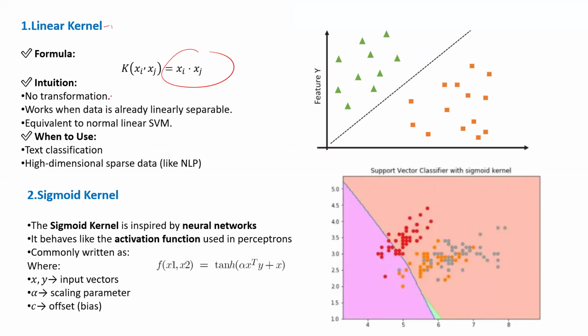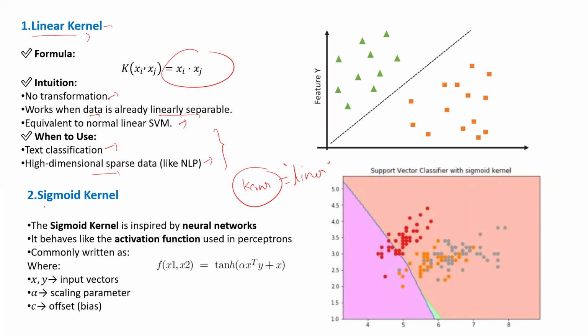There is no transformation happening because the data is already linearly separable, and that's a simple linear SVM. When to use this: text classification, higher dimensional sparse data for NLP. We will use this kind of kernel. In the code, there is a kernel parameter, and we can just put linear there.